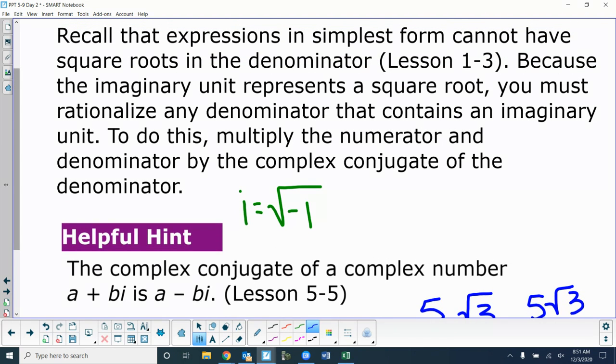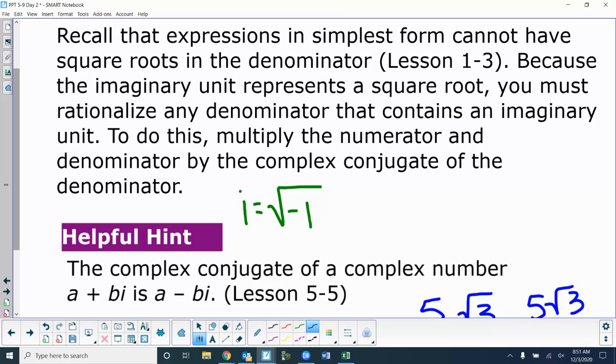Because the imaginary unit represents a square root, right? i is the square root of -1. You must rationalize any denominator that contains an imaginary unit. So if there's an i in a denominator, we got to get it out of the bottom. Just like we did with radicals. So no radicals in denominators, no i's in denominators.